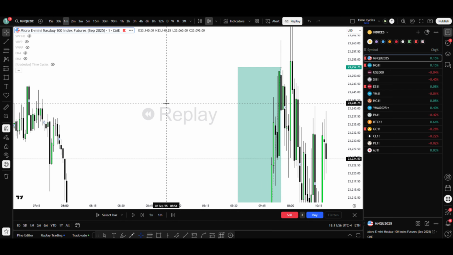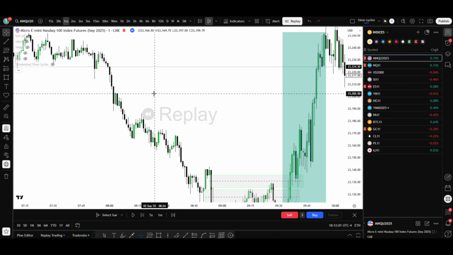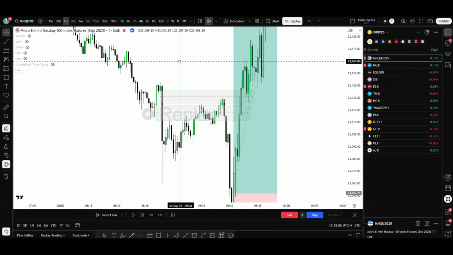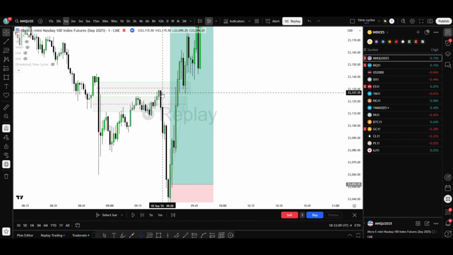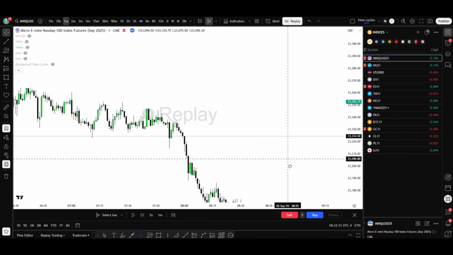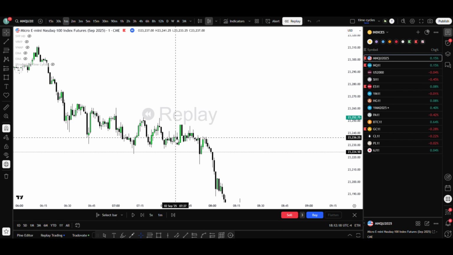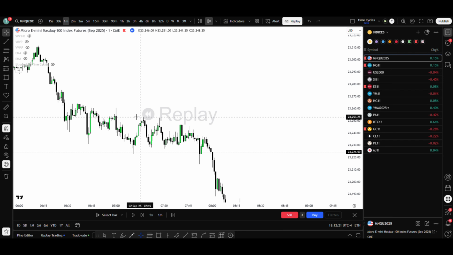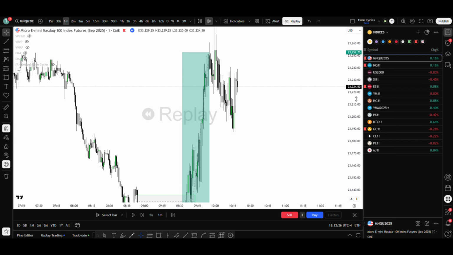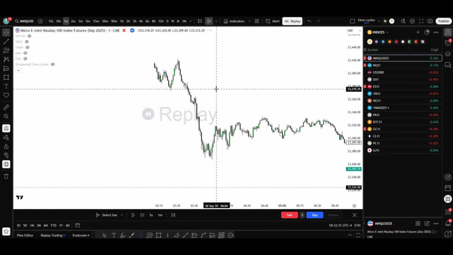So I saw this, like, no wick. This was relative equal highs. Oh yeah, this one. This and this. And these ones were relatively equal. And then this one. But it's not the best example.